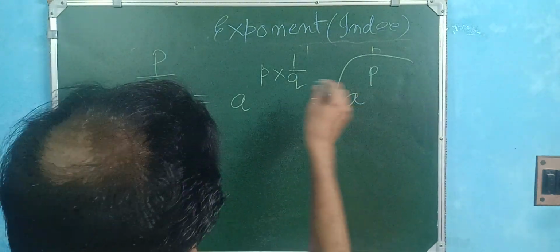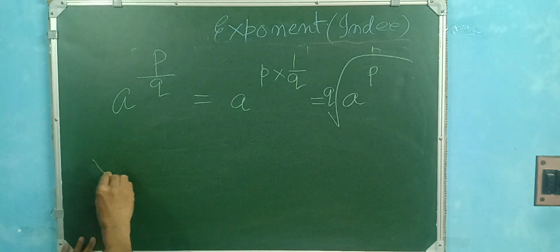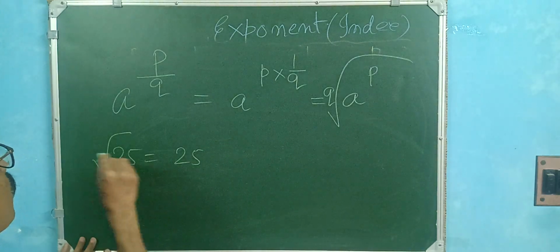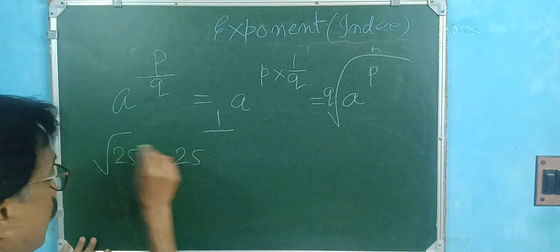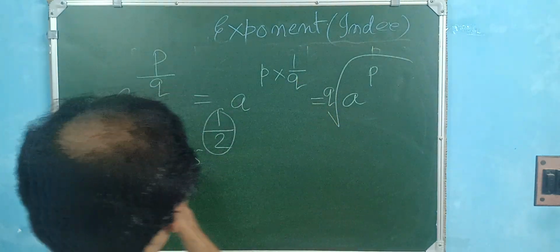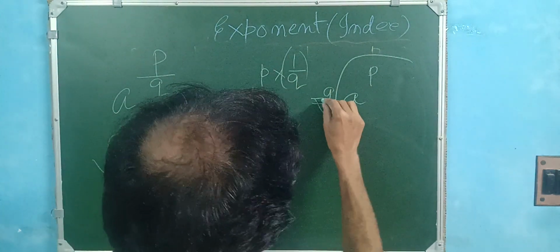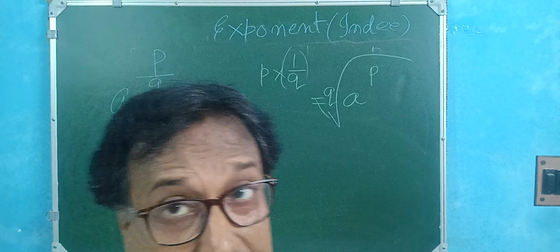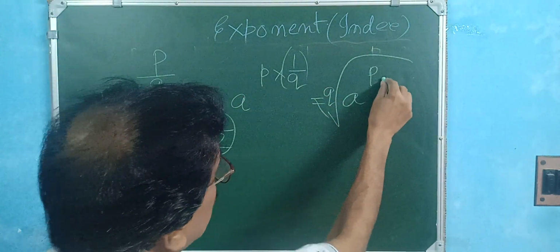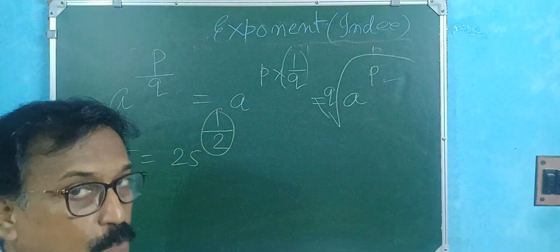Clear? So this is the way, you know, in the case of square root. Suppose the square root of 25, you write it this way: 25 to the power 1 by 2, under the root. So if the power is 1 by cube, that is under the cube root. So the power is 1 by, so this is under the root. Clear? So a to the power p by q means a to the power p is okay, but separately 1 by q, so under the root.